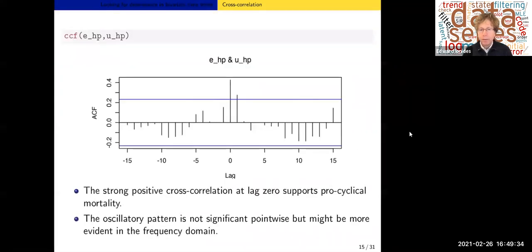Okay, let's plot this thing and see what we get. So here's the sample cross-correlation function for detrended life expectancy at birth and detrended unemployment. And what we see is that the clear, strong effect is a positive cross-correlation at lag 0.